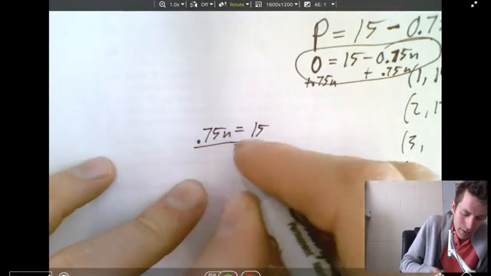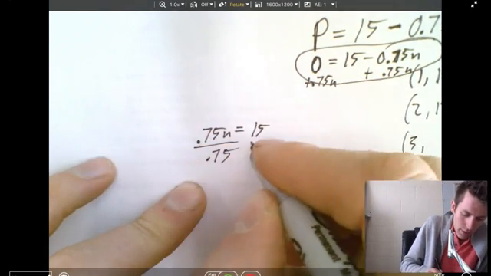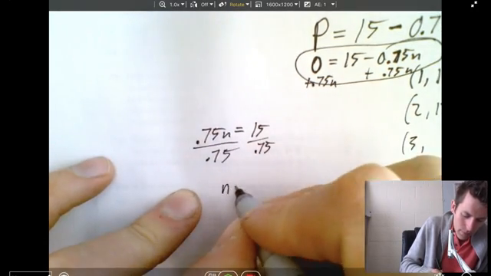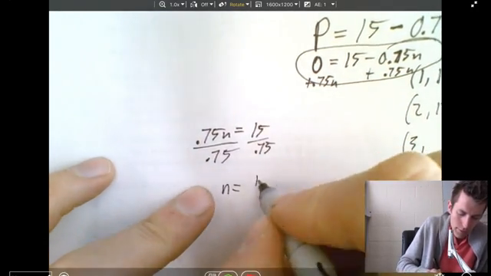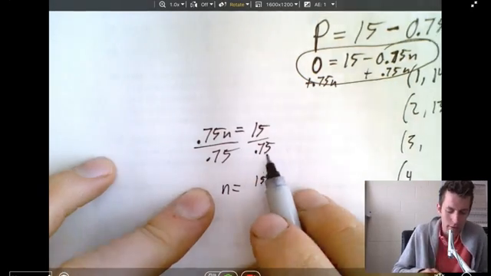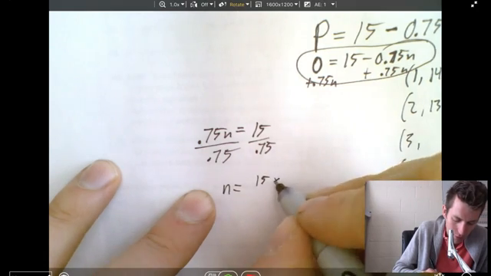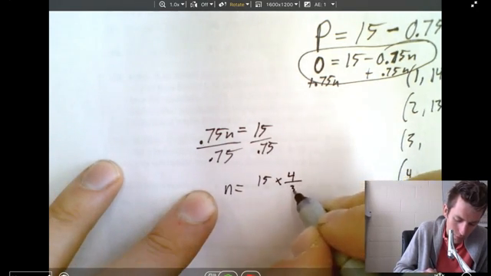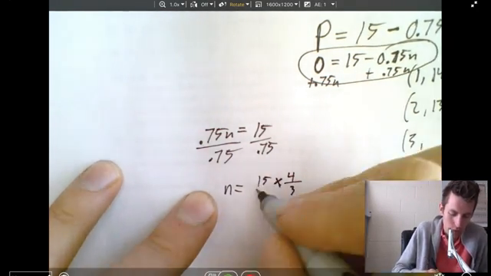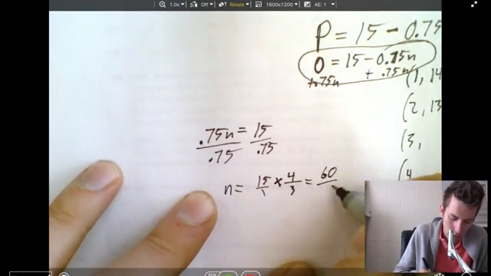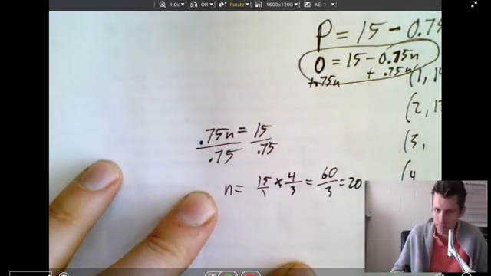Now divide both sides by this 0.75. I don't feel like getting my calculator out, being lazy. I know that 0.75 is 3/4. 15 divided by 3/4 is the same as multiplying by the reciprocal, 4/3. 15 times 4/3 is, 15 times 4 is 60, divided by 3, 20.